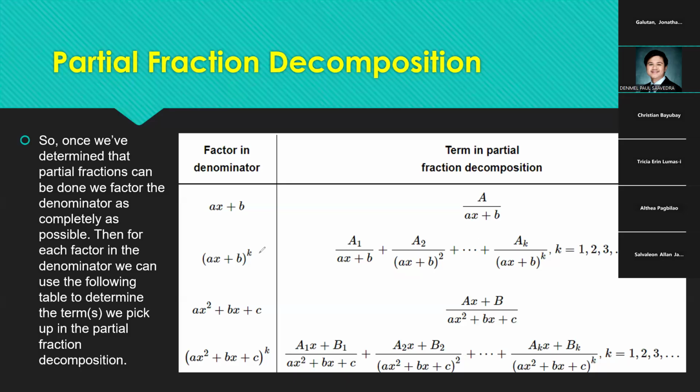Okay? So if it's repeated up to 5, then we have 5 letters to be exact. Okay? A, B, C, D, E, or A sub 1, A sub 2, A sub 3, A sub 4, A sub 5. So you can use any of those, if you want to stick with A, with a numerical sub number, it's A sub 1, A sub 2, it's fine.